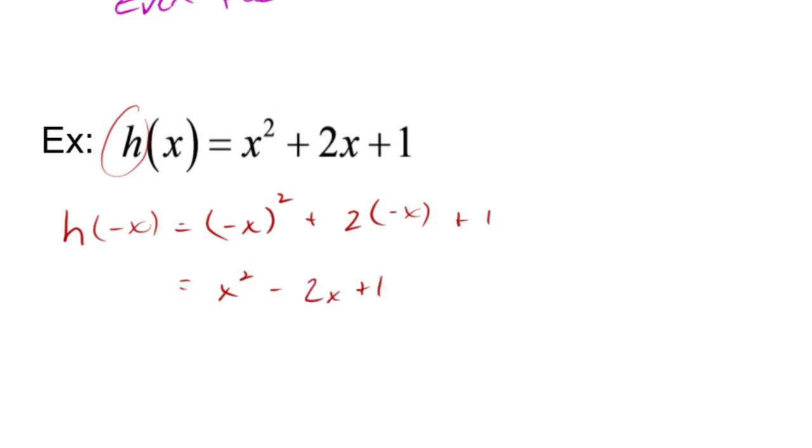Are these two things exactly the same? No, they look very similar, but this is a positive 2x and this is a negative 2x. So it is not even. So then, are all of the signs flipped? This is positive, positive, positive, so an odd function would be negative, negative, negative. Well, this is not negative, negative, negative. There's only a single one of them being negative. So this is neither odd nor even. So this is neither.